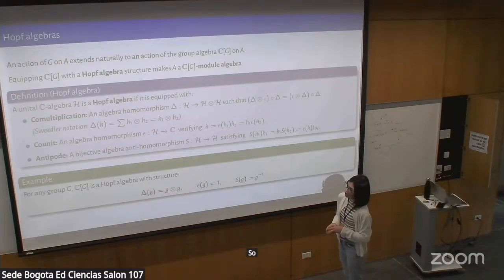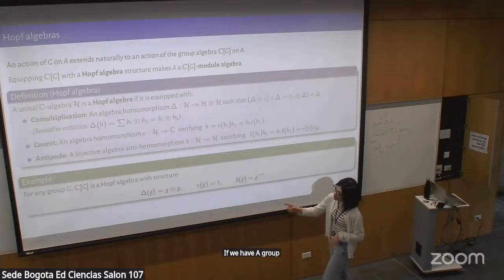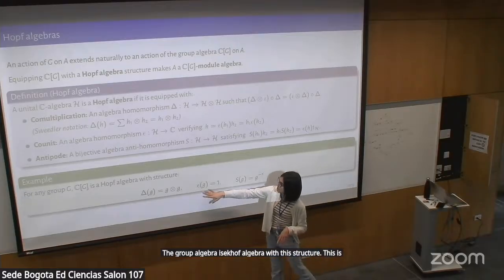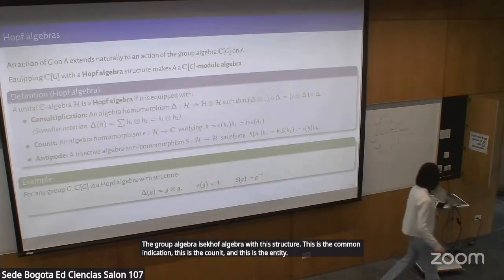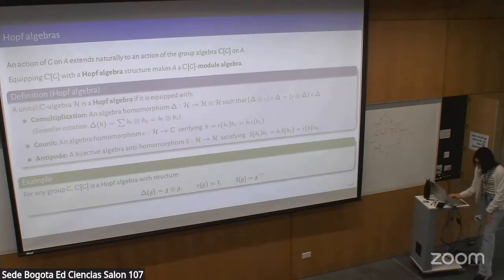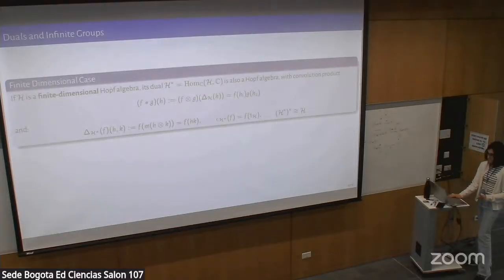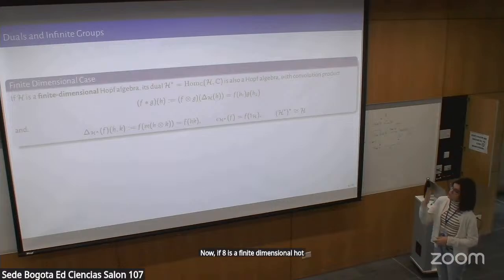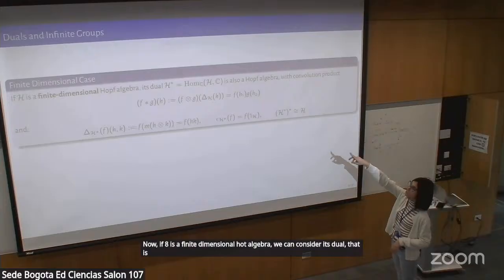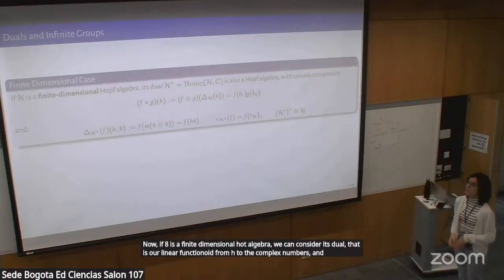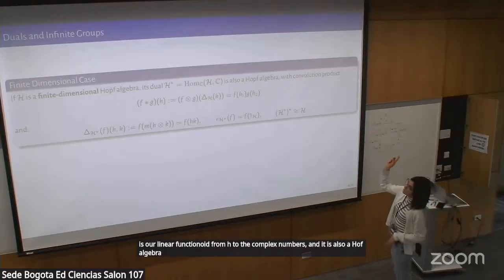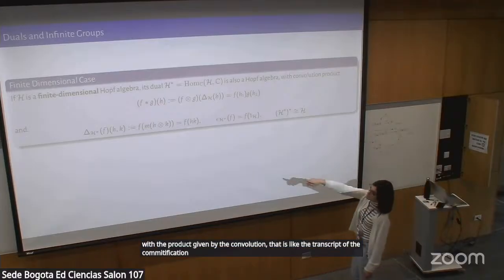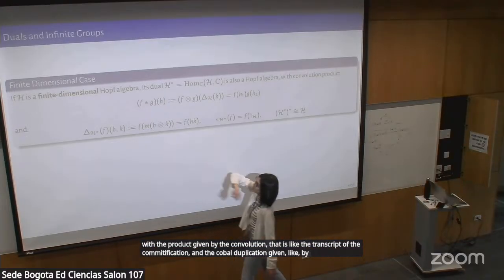So if we have any discrete group G, the group algebra is a Hopf algebra with this structure. This is the co-multiplication, this is the co-unit, and this is the antipode. Now, if H is a finite dimensional Hopf algebra, we can consider its dual, that is, the linear functionals from H to the complex numbers, and it is also a Hopf algebra with the product given by the convolution, that is like the transpose of the co-multiplication, and the co-multiplication given by the transpose of the multiplication.